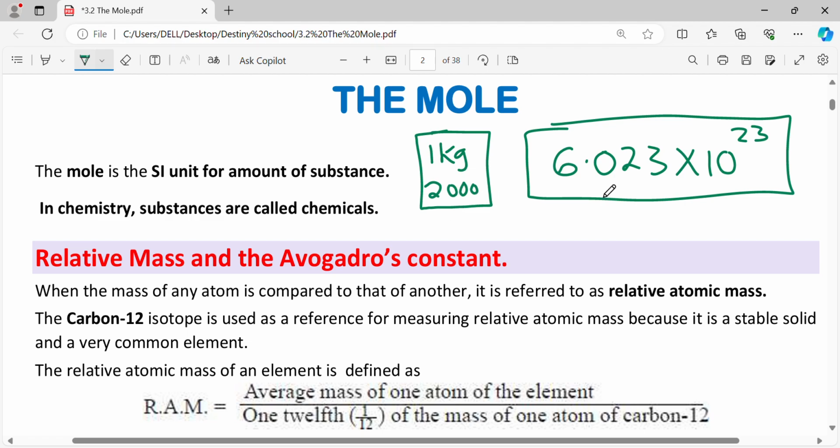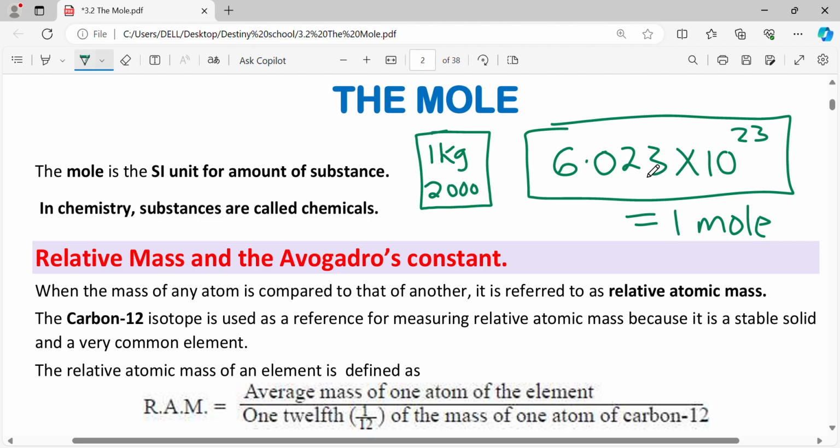In moles, you need 6.023 multiplied by 10 raised to 23 particles, molecules or atoms to make a single mole. This is equivalent to 1 mole. So if you can count 6.023 times 10 raised to 23 atoms, then you have 1 mole of something, just like if you can count 2,000 grains of rice, you get 1 kilogram.